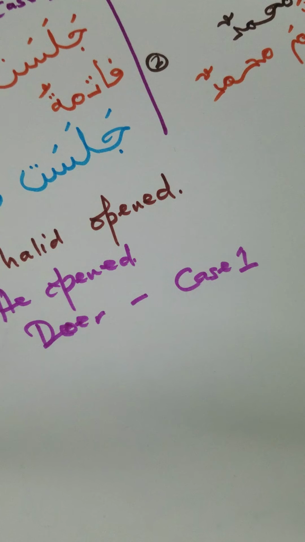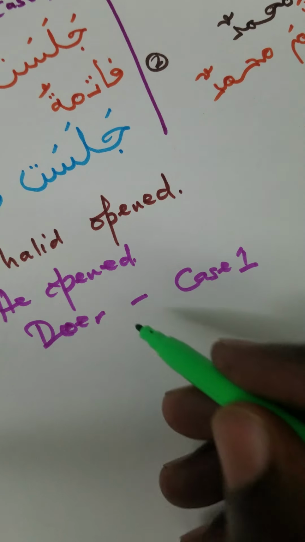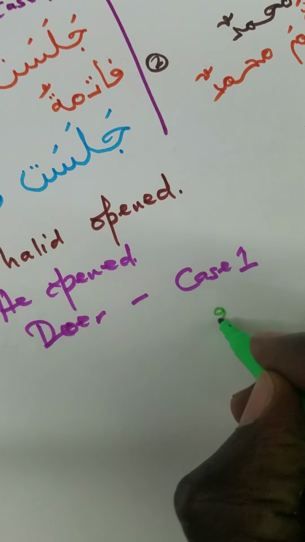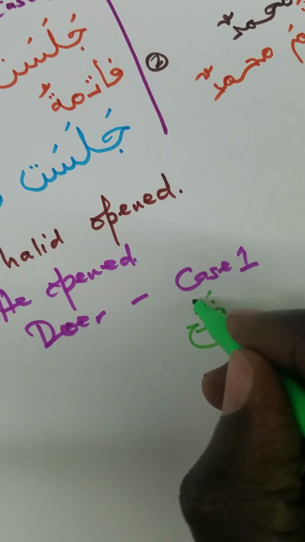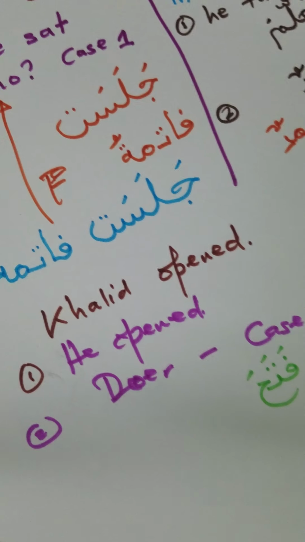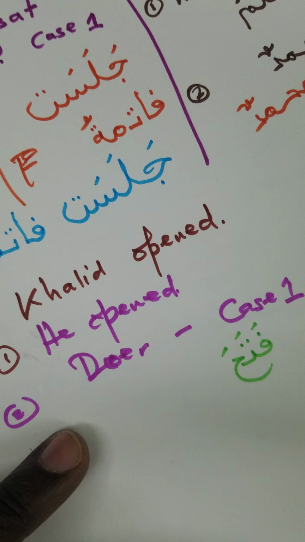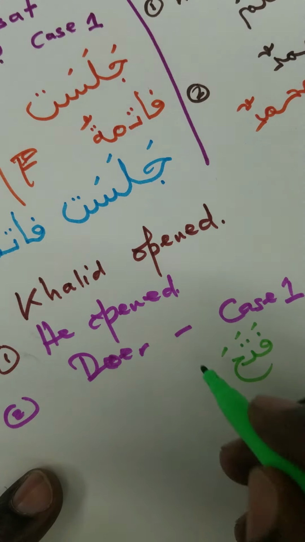So he opened, you'll note that he opened is Fataha. Khalid in case one is Khalidun.